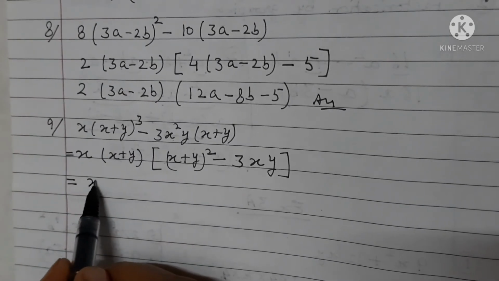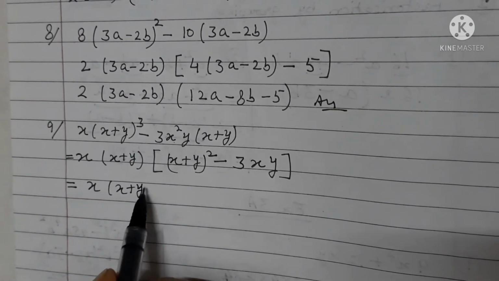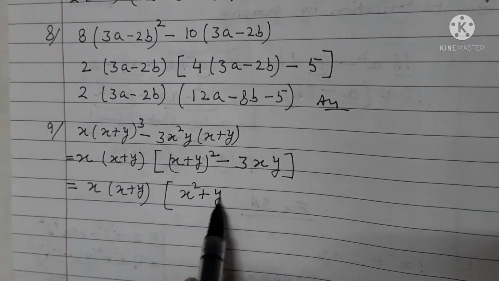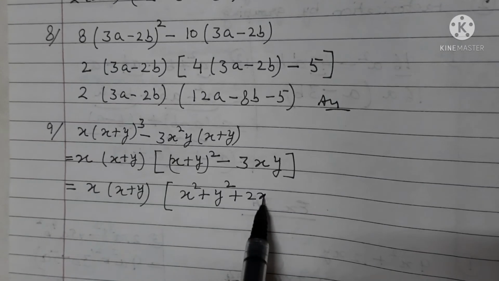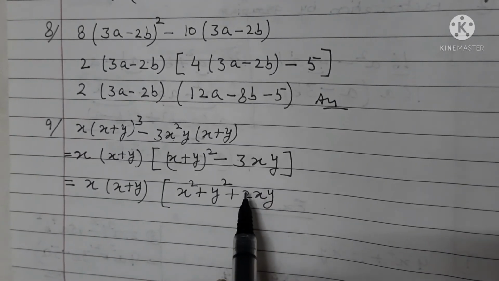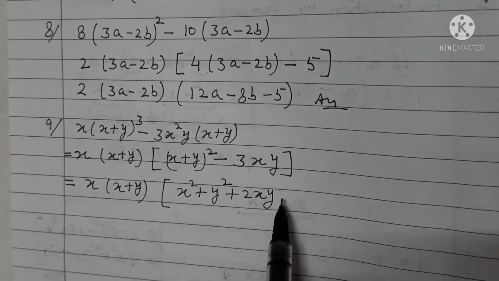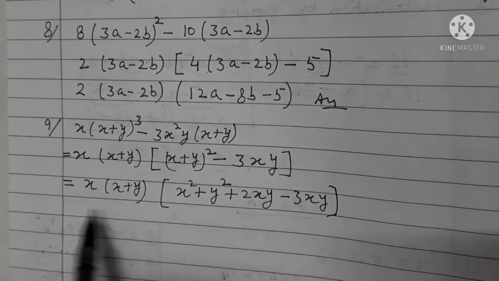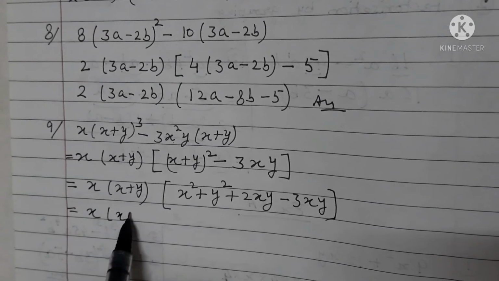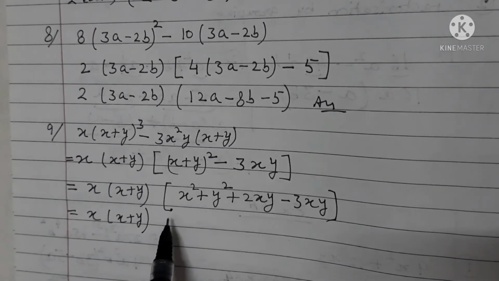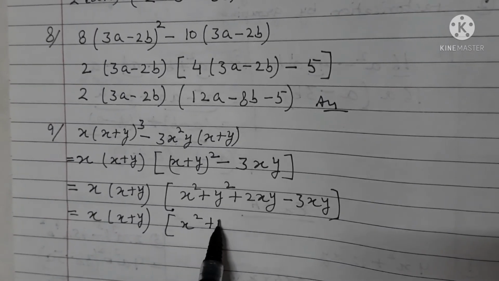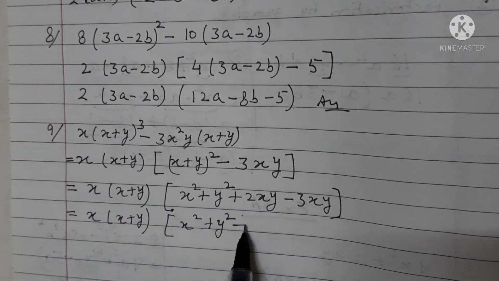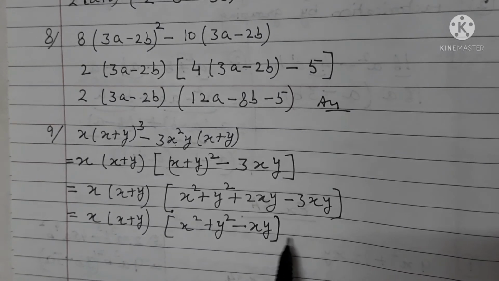Now open this (x + y) whole square: x² + y² + 2xy using the identity of (x + y) whole square, minus 3xy. Solve it, you will get x + y and x² + y², subtract it, you will get minus xy, answer.